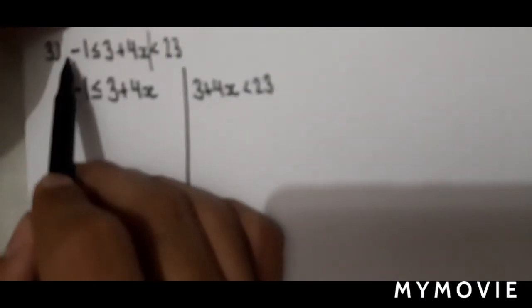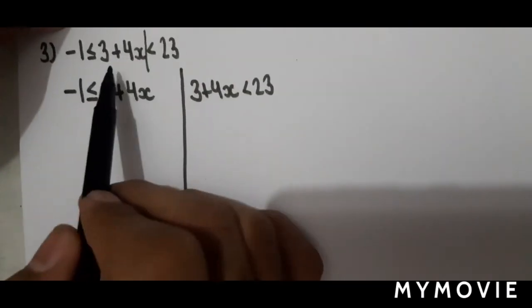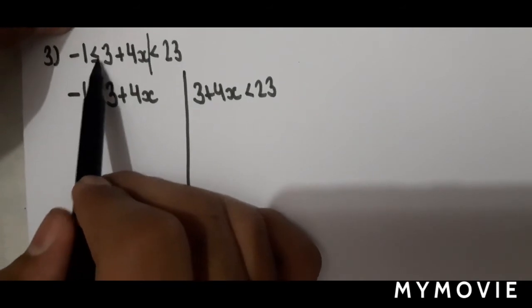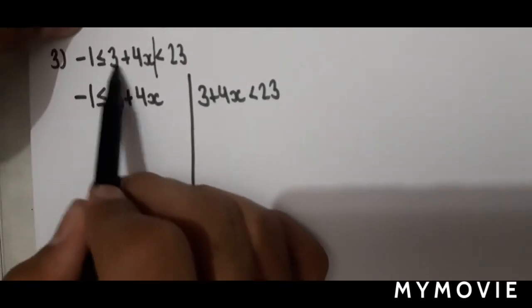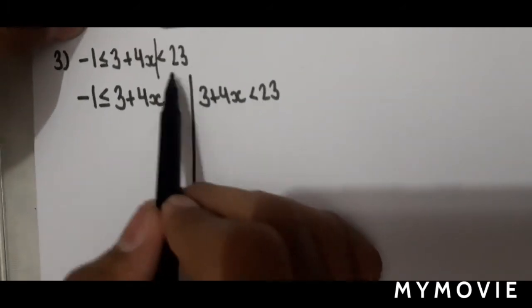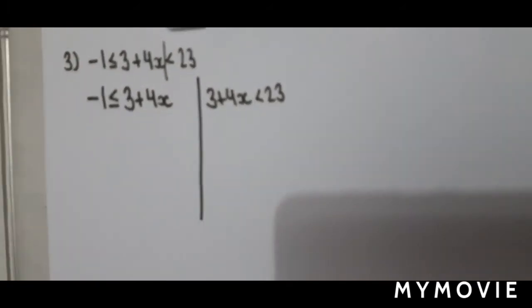You should take first minus 1 less than or equal to 3 plus 4x. Then you should take 3 plus 4x greater than 23. So you should take it like this.